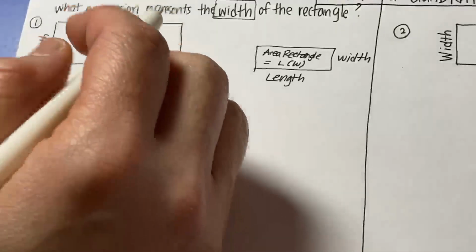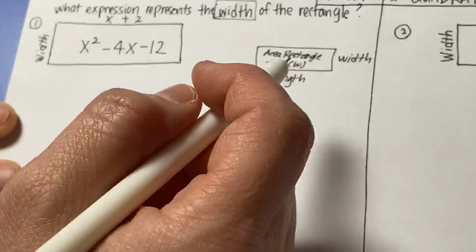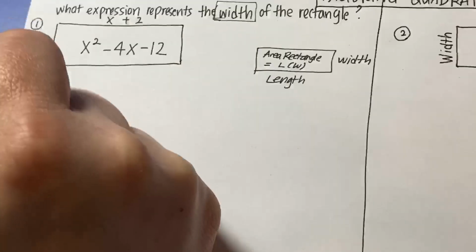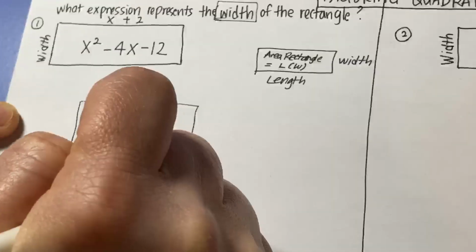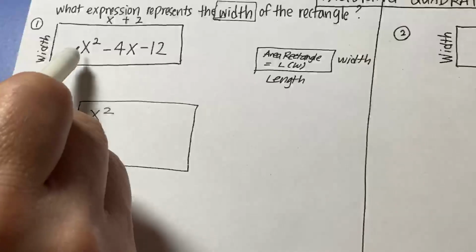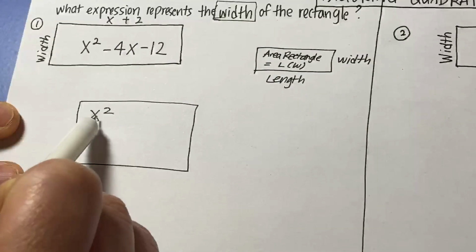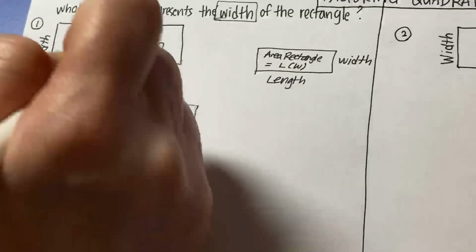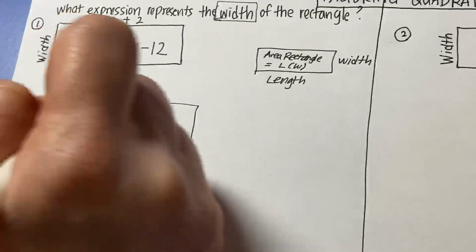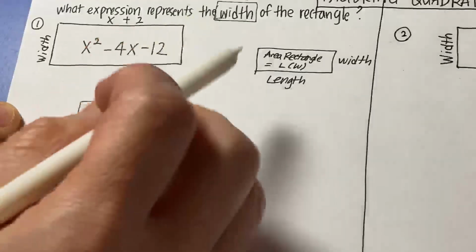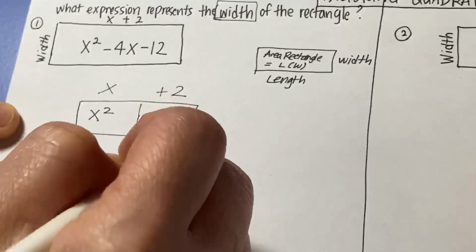So just like we learned in multiplying polynomials, we're going to think of this as the multiplication box problem. Let me just rewrite this. This is x squared, so that's the first term, goes first. Now if you remember, here we have x plus 2, and then the last term is negative 12.